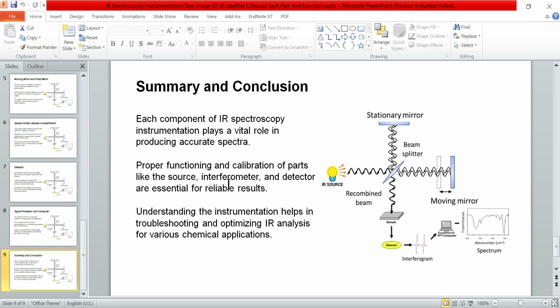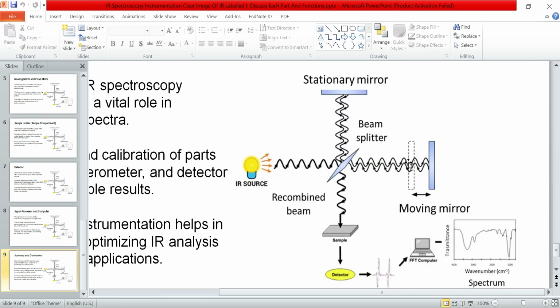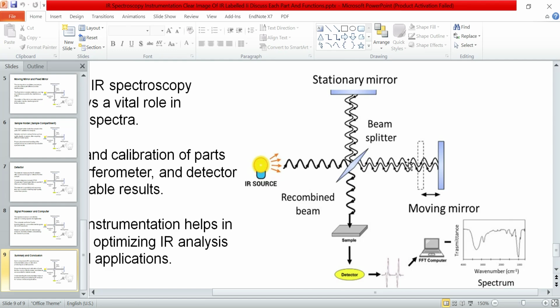Now I think I can conclude my lecture here. I will give you a summary. Each component of IR spectroscopy instrumentation plays a vital role in producing accurate spectra. This is the structure of IR, and here are the key components. We have the IR source, which emits electromagnetic radiation towards the beam splitter. From here, some rays go towards the stationary mirror and some towards the moving mirror.